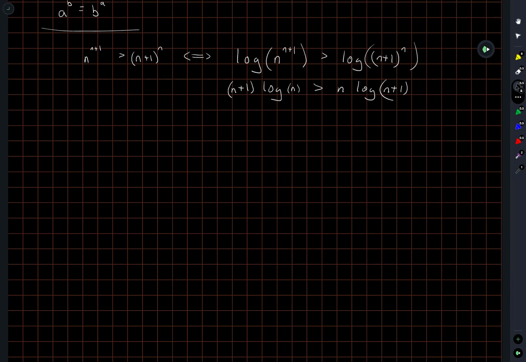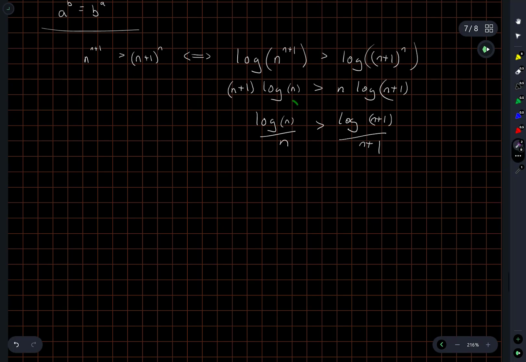Everything that I'm dividing by is positive, so there's nothing about the inequality sign that has to change. All right, and this is the inequality that I'm going to prove. And if we just go back through the sequence of steps here, go up this way and across that way, then if I've proven that this is true, then I've proven that the original result is true.